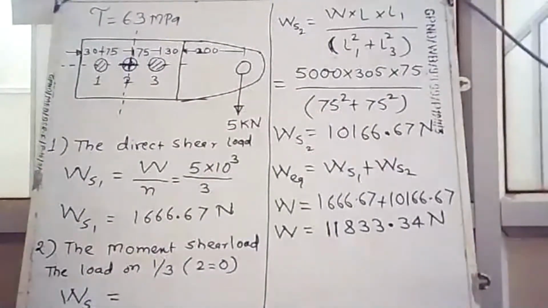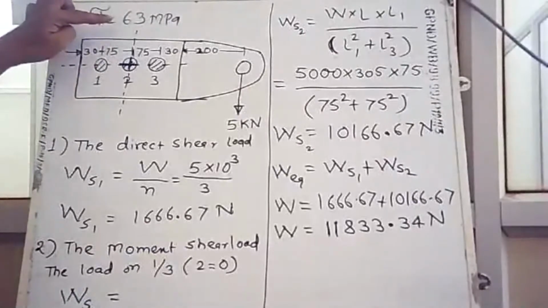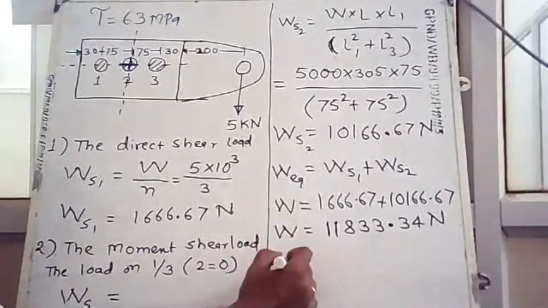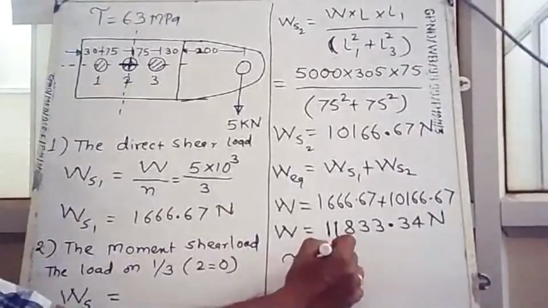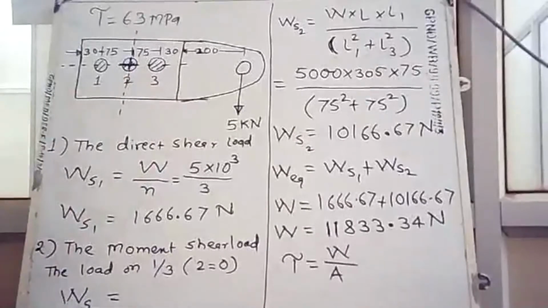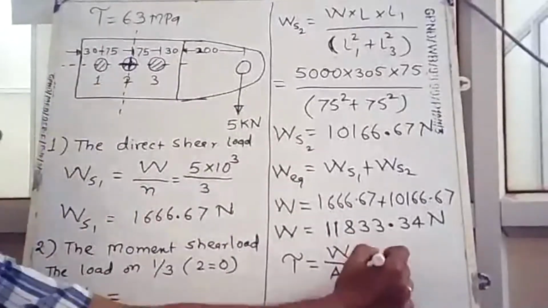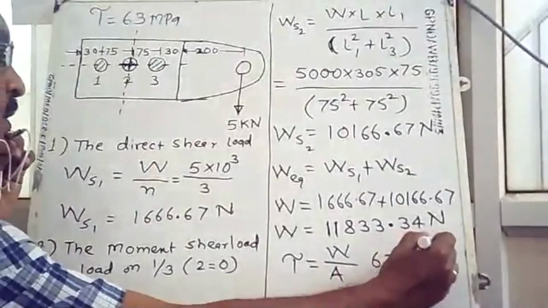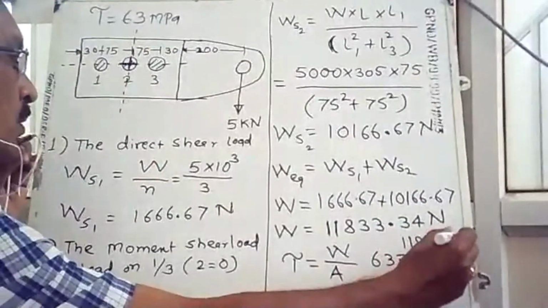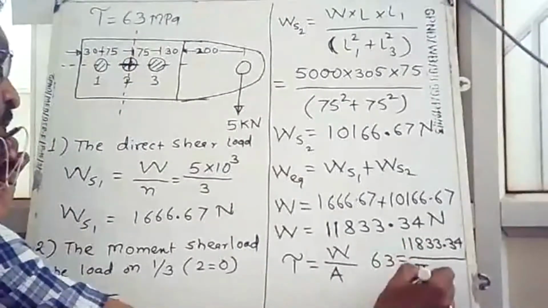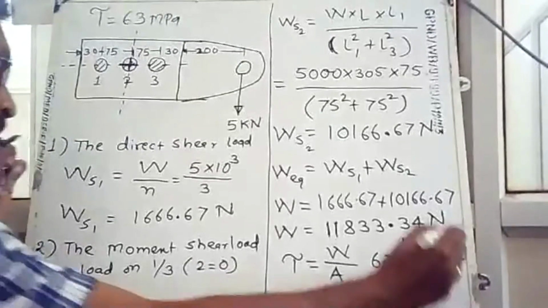Now we have shear stress of 63 megapascal. That shear stress equals force divided by area. So 63 equals 11833.34 divided by pi by 4 dc square.